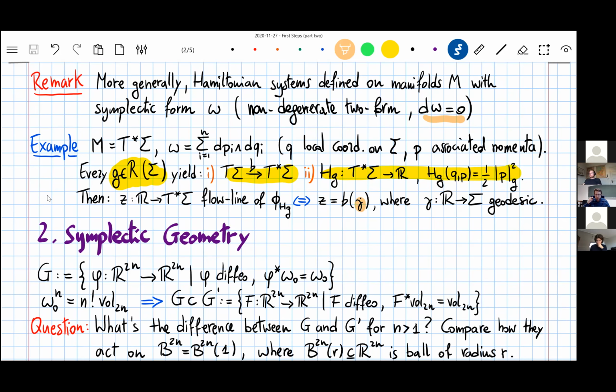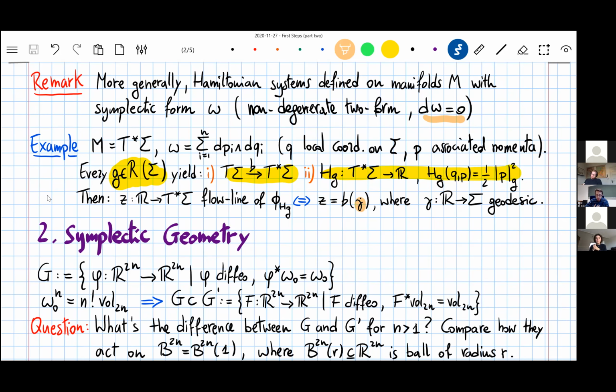This is a bit like in the famous Erlangen program, where you basically have a space and a group of symmetries of the space, and then you study geometry by studying how this group acts on the space. So for example, a classical example: as a space you have the plane, and then you have the rigid motions, and this is a group and gives you some kind of geometry. But then you can take another group, for example affine transformations, so you get another type of geometry. And we want to explore something similar here.